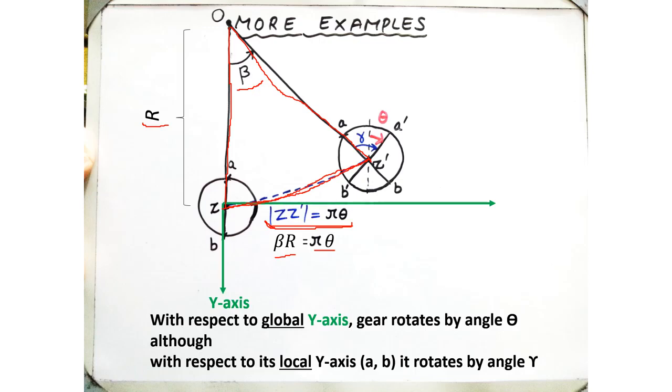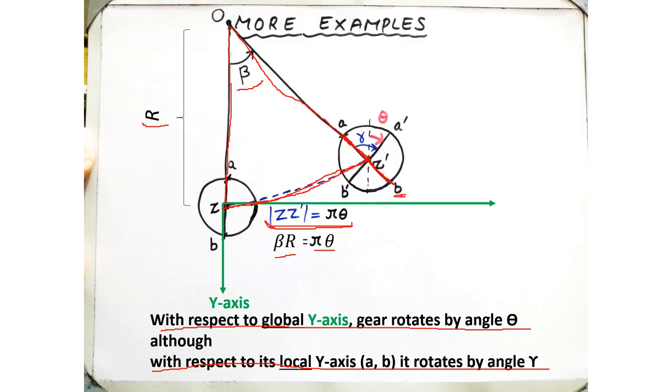r times beta. In summary, we say that with respect to the global y-axis, the planet gear A rotates by an angle theta. Although with respect to its local y-axis, where is the local y-axis? Well, the local y-axis is that which is changing with its position as it moves from an initial position to the final position, that is this line over here.